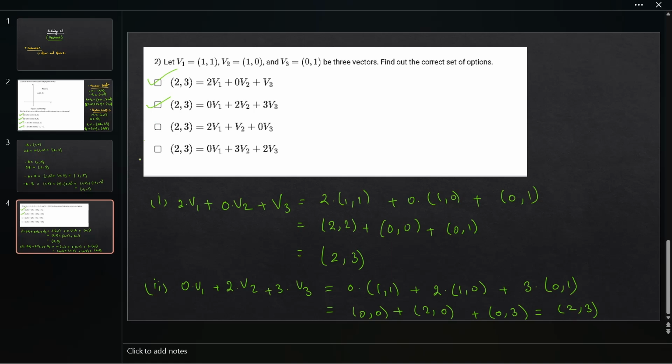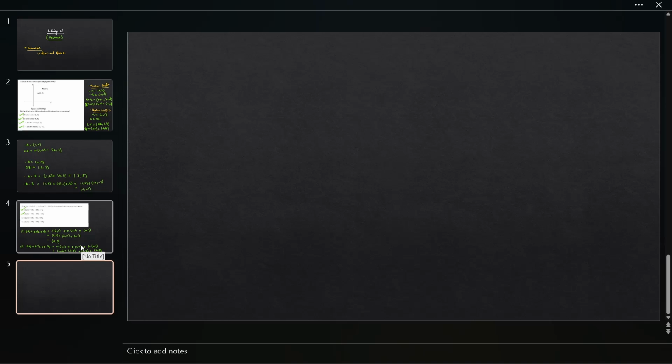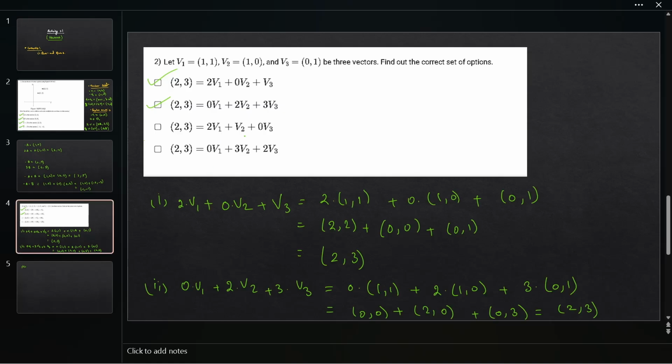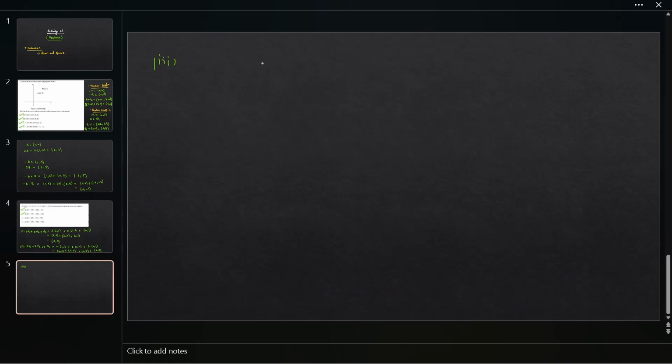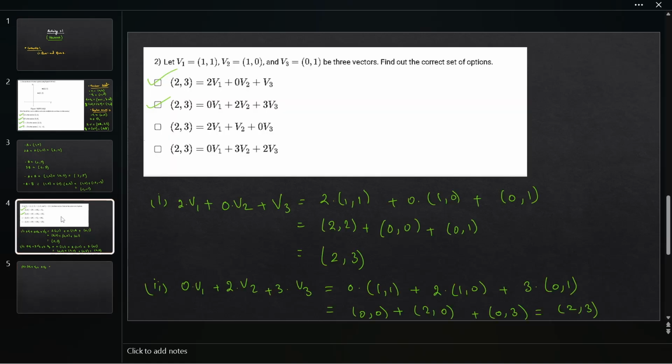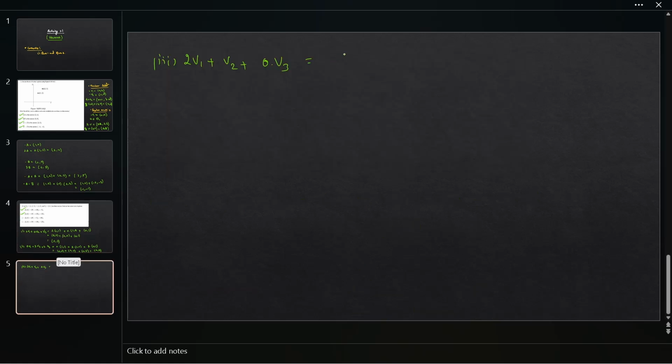Now moving to option 3. For that we'll need one more slide, so let's create it. In option 3, we have 2v1 plus v2 plus 0 times v3, where v1 is (1, 1), v2 is (1, 0), and v3 is (0, 1).